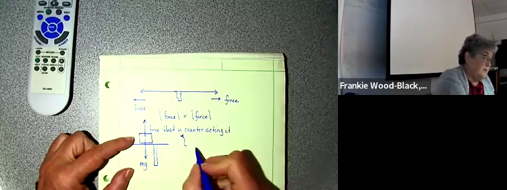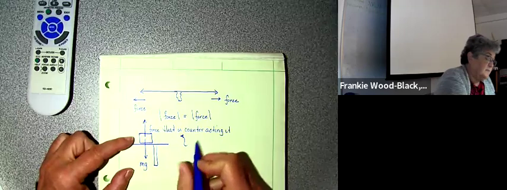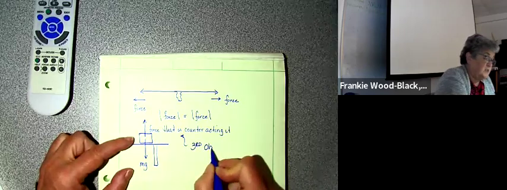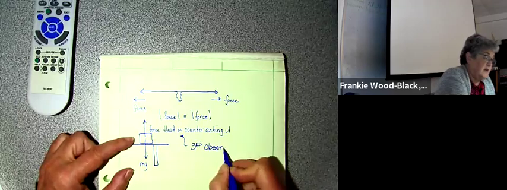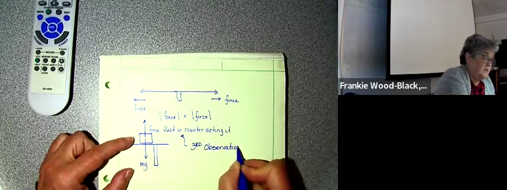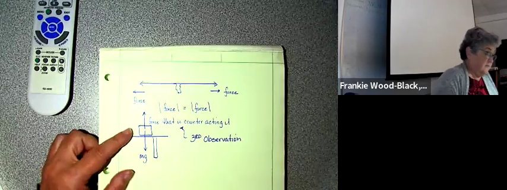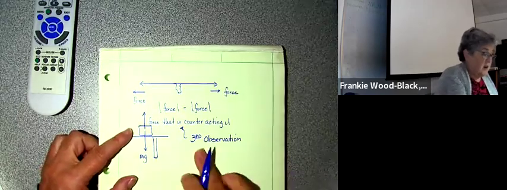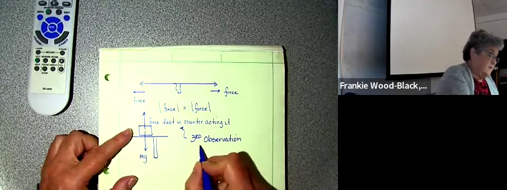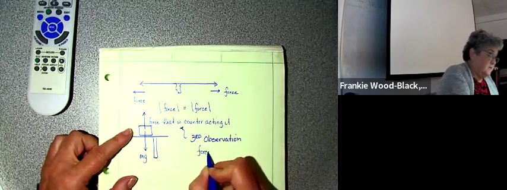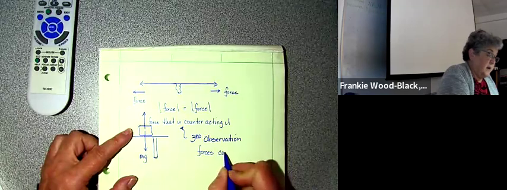This gets us the idea from Newton's third law, or a third observation. So we're going to call it our third observation. Yes, I know I've skipped the second observation because I don't like doing the second observation second. I like doing the second observation last. My third observation is that forces come in pairs.